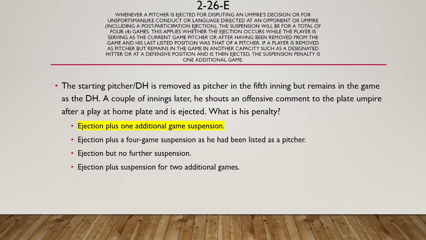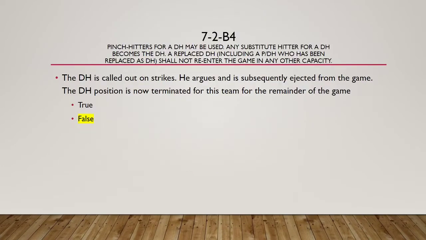It's an automatic suspension by rule. Remember to have a very long leash with ejections, as this is the case. It is an automatic 1-game suspension. And this is under Rule 2-26-E. Please read the top as it does have the actual text from the rule.